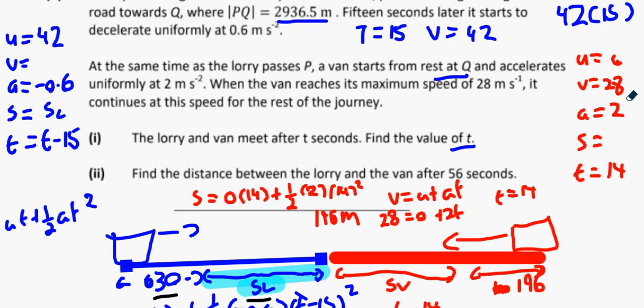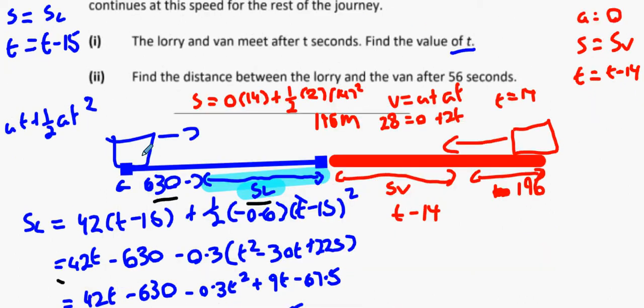So s_v, it's going to have a starting speed of 28. It's not going to be accelerating anymore, so it's going to have an acceleration of 0, and the s value we don't know, which is s_v, and the t value is t minus 14.